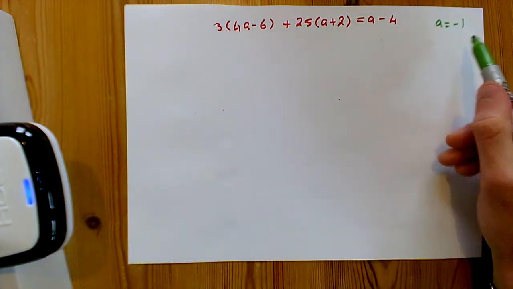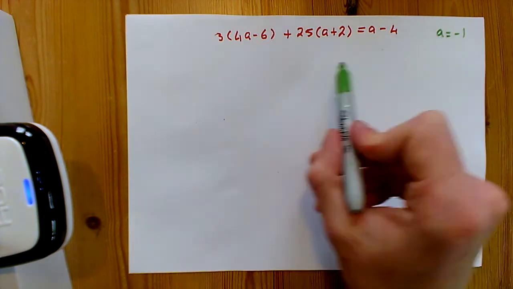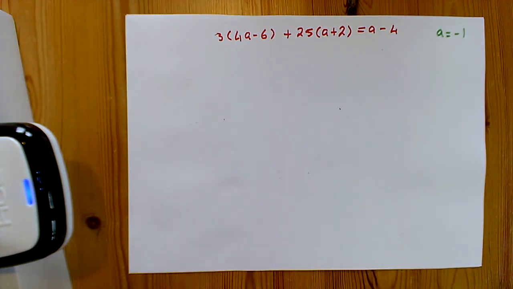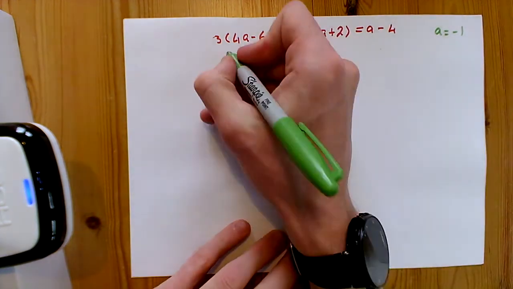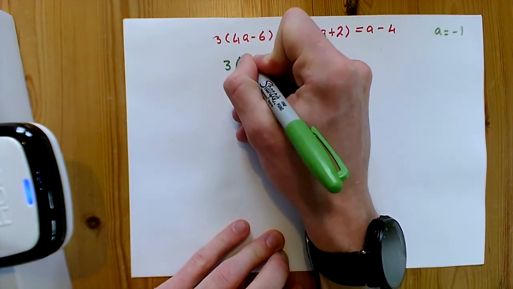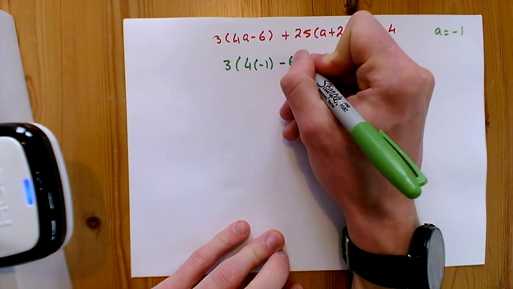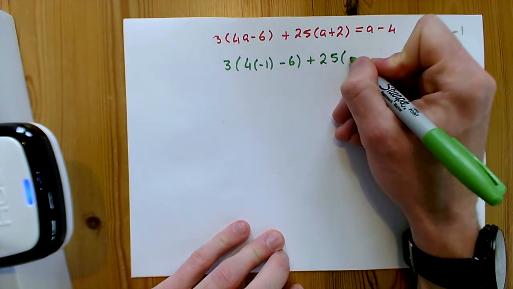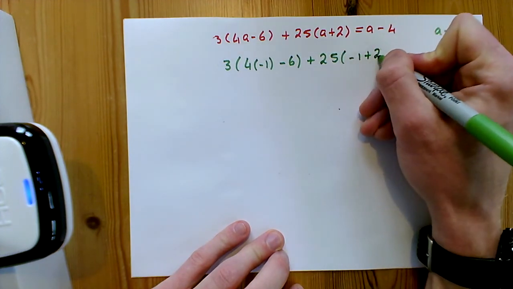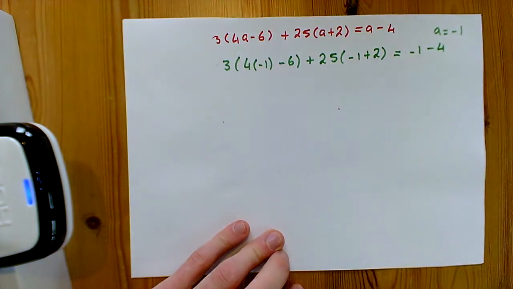And if we want to verify that answer of a is equal to minus 1, all we need to do is sub in minus 1 everywhere we see a in this equation, and we're going to check if it makes sense to us at the end of the process. So we would have 3 times 4 times minus 1 instead of a, minus 6 plus 25 times minus 1 plus 2 is equal to minus 1 minus 4.